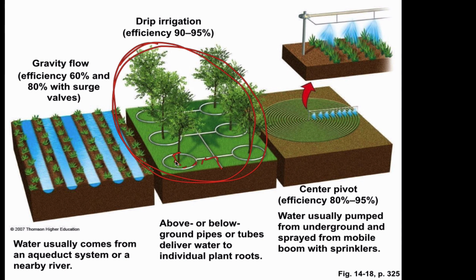So it's reaching the target plant, highly efficient, with very little evaporation, and then here's our center pivot. Typically with these center pivots, you'll also see a combined drip irrigation. You'll see a little pipe attached that lays directly on the ground, and as this rotates around, it places water directly onto it. So center pivot low pressure can be modified with drip irrigation to become even more efficient.